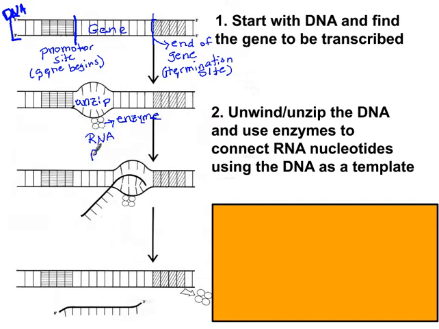RNA polymerase, ase for enzyme. All right, and then we're going to draw in, I'll use green, right here. I'm just going to color this guy right here. Another enzyme that's going to help us unzip our DNA, and its name is helicase.